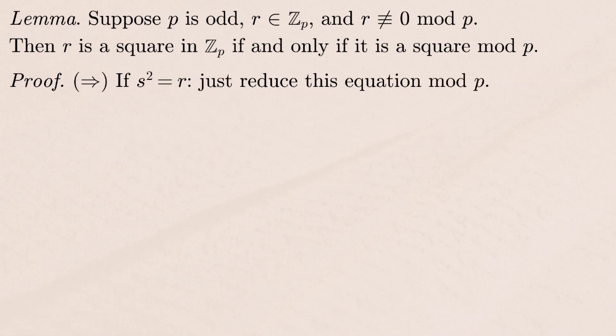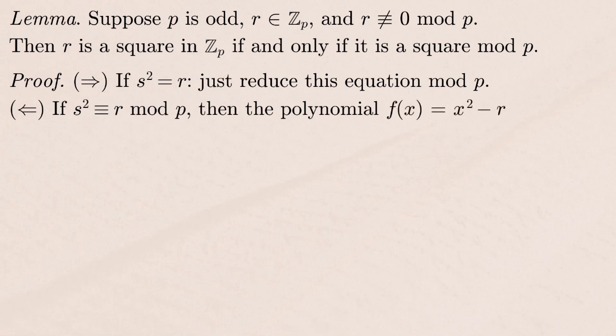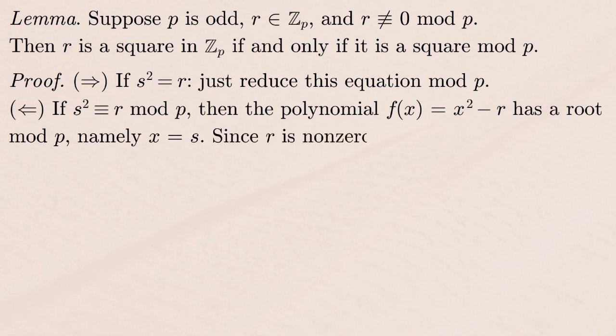So let's look at the other direction. Suppose that s squared equals r mod p. Then the polynomial f of x equals x squared minus r has a root mod p, namely x equals s. And if s was 0 mod p, then r would be 0 mod p, which isn't allowed, so s must be non-zero mod p.